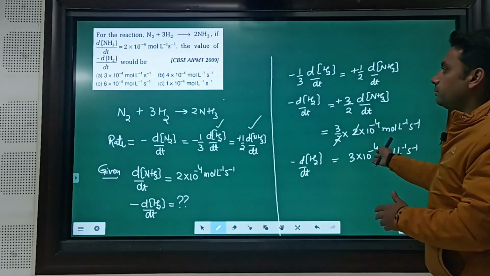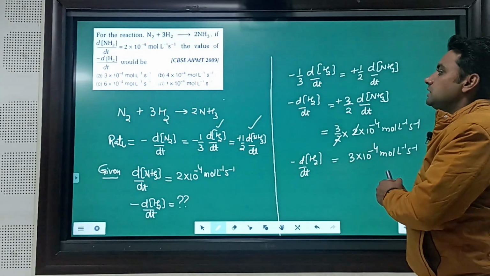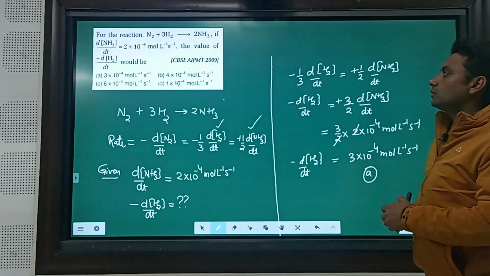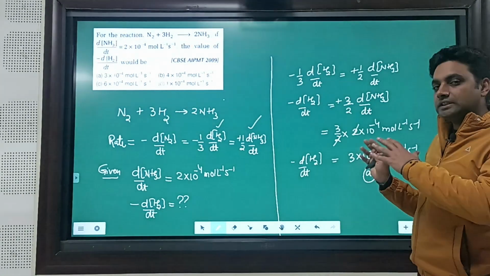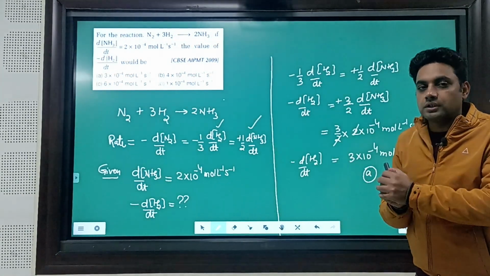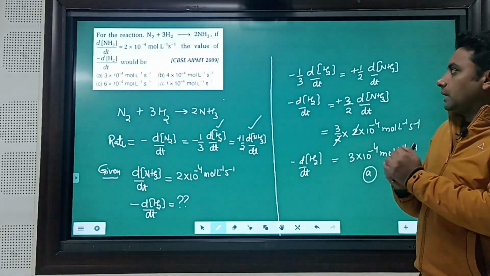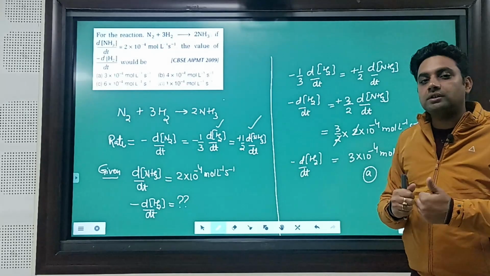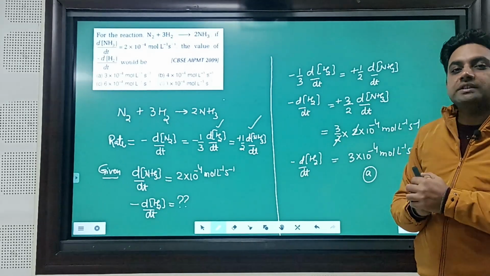Now we just compare this result with the options A, B, C, D. So option A is the right answer for this particular reaction. So these two numericals, these two questions are from the chemical kinetics chapter, and these are the most important ones because they appeared in many competitive examinations.